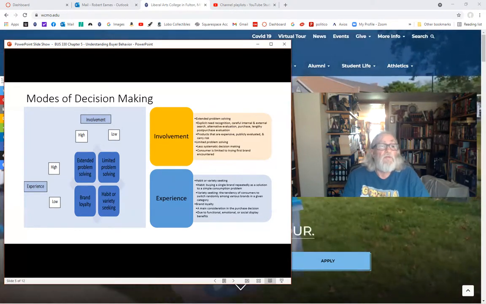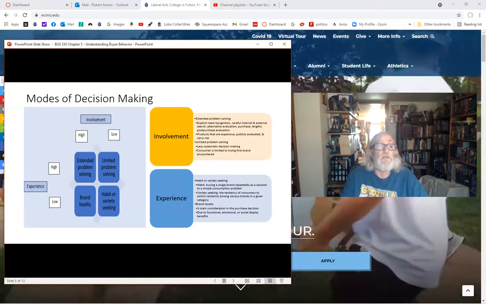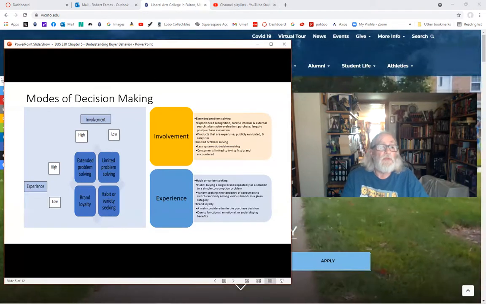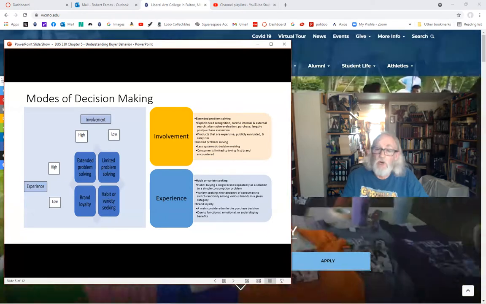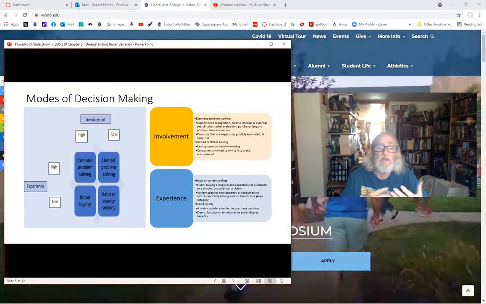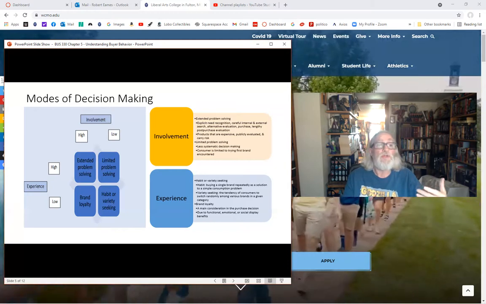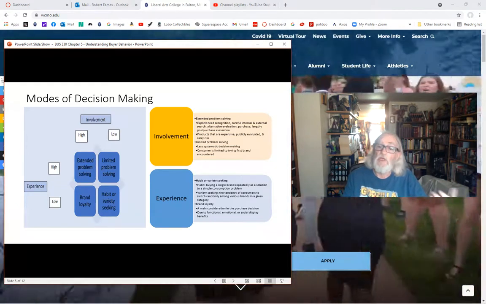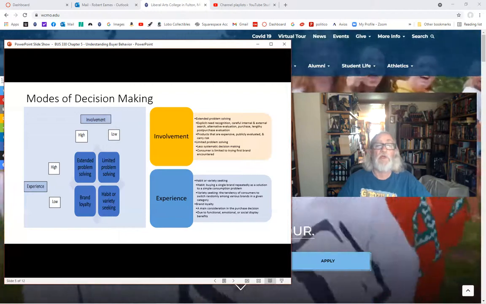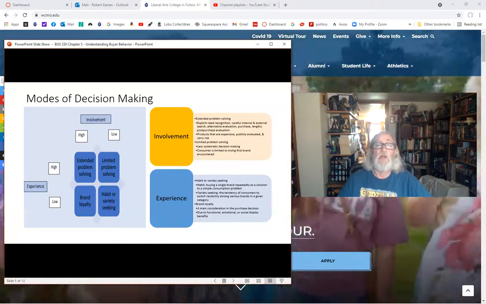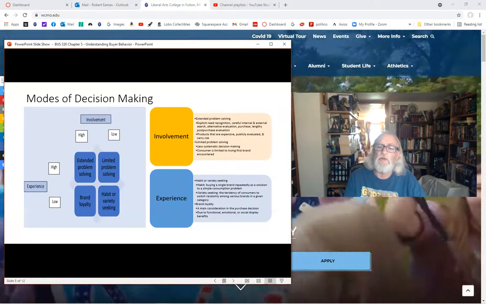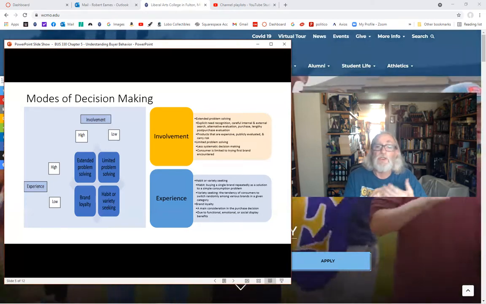So when we have involvement, let's just look at those conditions first. When we have involvement, we can have either extended problem solving occurring in the mind of the consumer, or we can have limited problem solving. Of course, we would have high involvement when we engage in that extended problem solving. This is related to a very careful internal search that a consumer is performing.